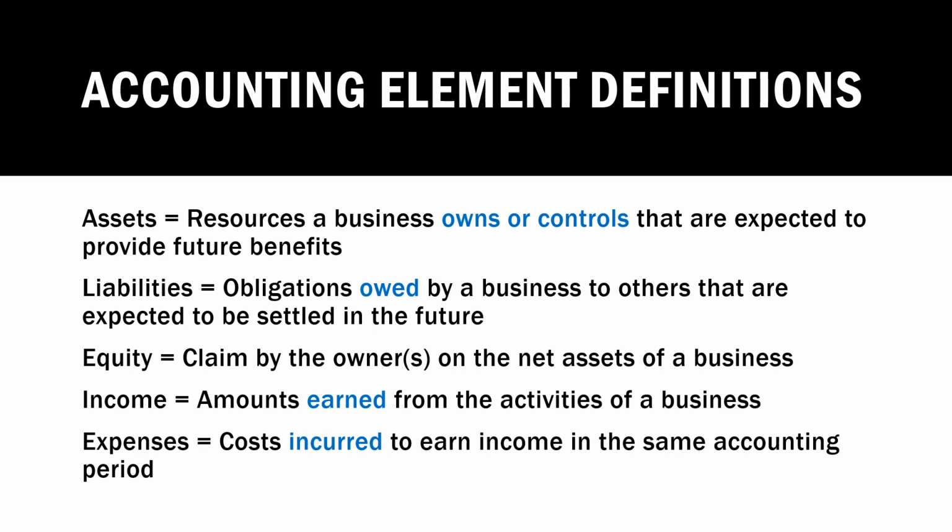Income are basically amounts earned from the activities of a business, whereas expenses are costs incurred to earn income in the same accounting period. So simply put, let's say this business is a bakery and it sells cakes. The sales that you get from selling the cakes is the income.